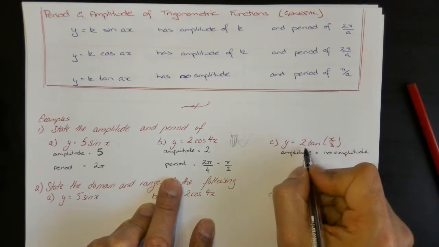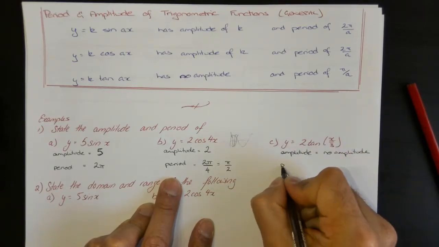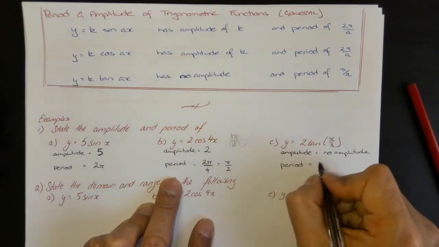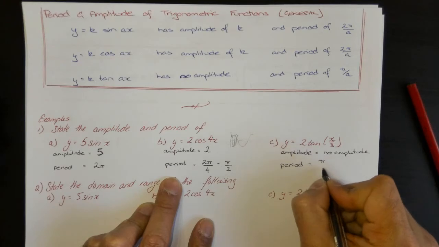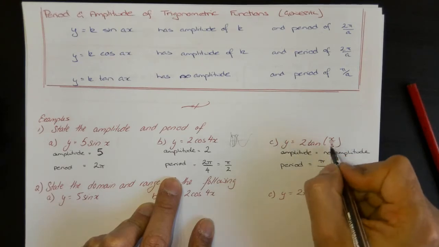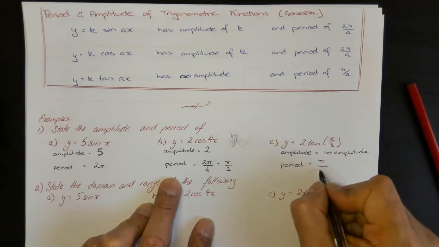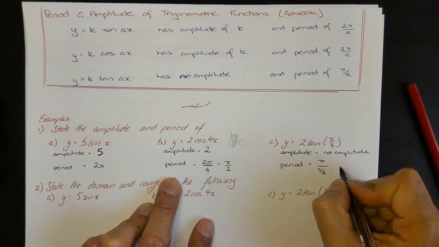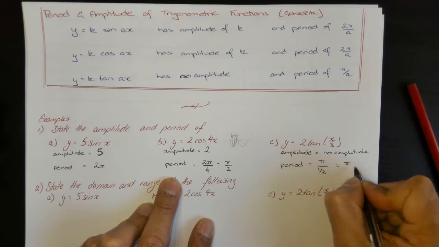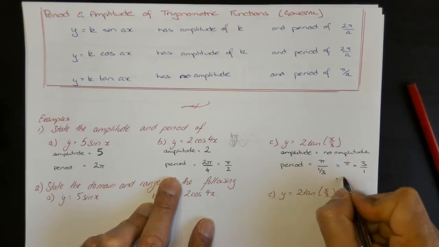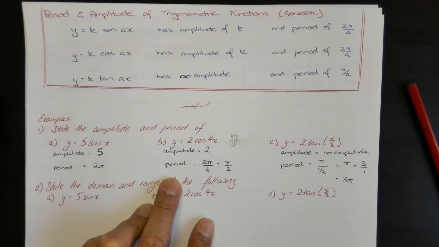The period of tan is normally pi, and now we're going to divide it by the a value, which in this case is 1/3. That's the same as saying pi times 3/1, which is 3 pi.